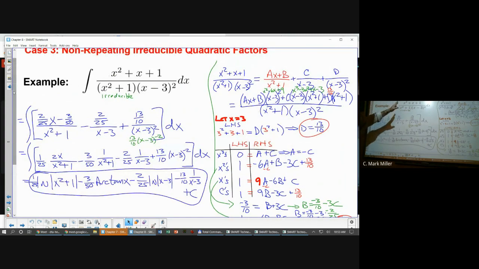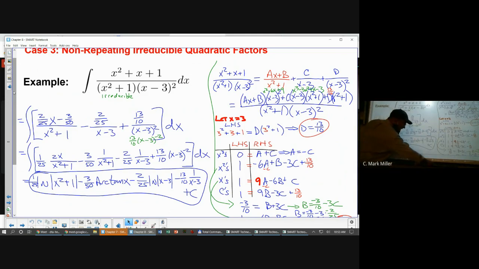But don't worry about this process that's being taught here. It's called partial fractions. I'll do partial fractions here. I'll show you. But what I want you to see is you have 3 different components here of this integral. Once you do this partial fractions process, you have 3 different components, right?